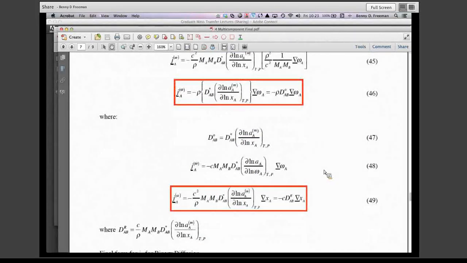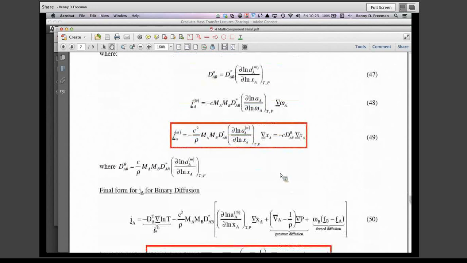Now, I can also write the mass flux in terms of gradient in mole fraction. I get again an effective diffusion coefficient. I give it a superscript R, but it is essentially again a term where we often lump all of these terms together when we're measuring diffusion coefficients and reporting them in real systems.